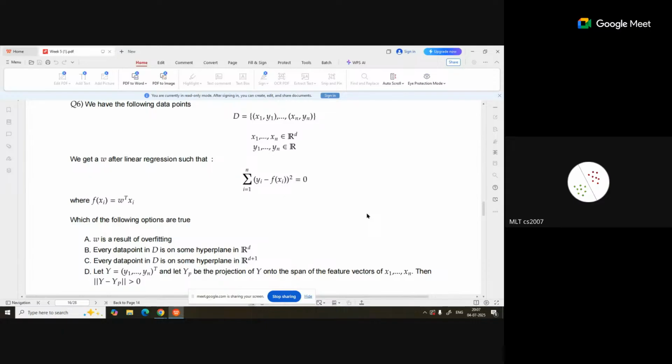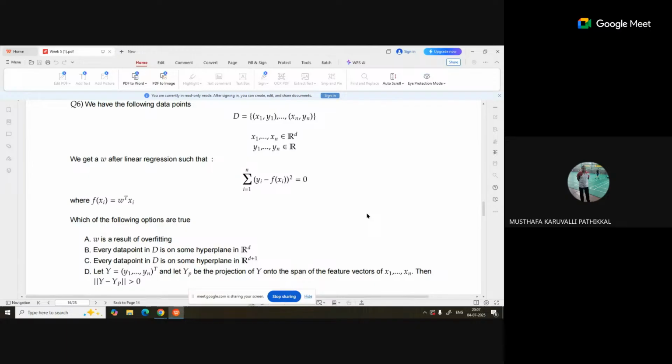C: Every data point in D is on some hyperplane in RD. C is correct. B is not correct, it is always RD plus 1.